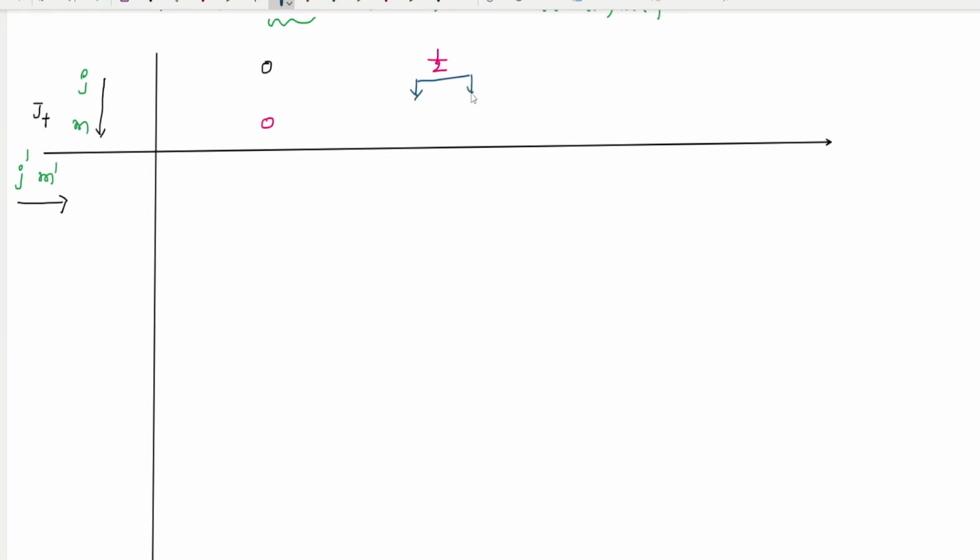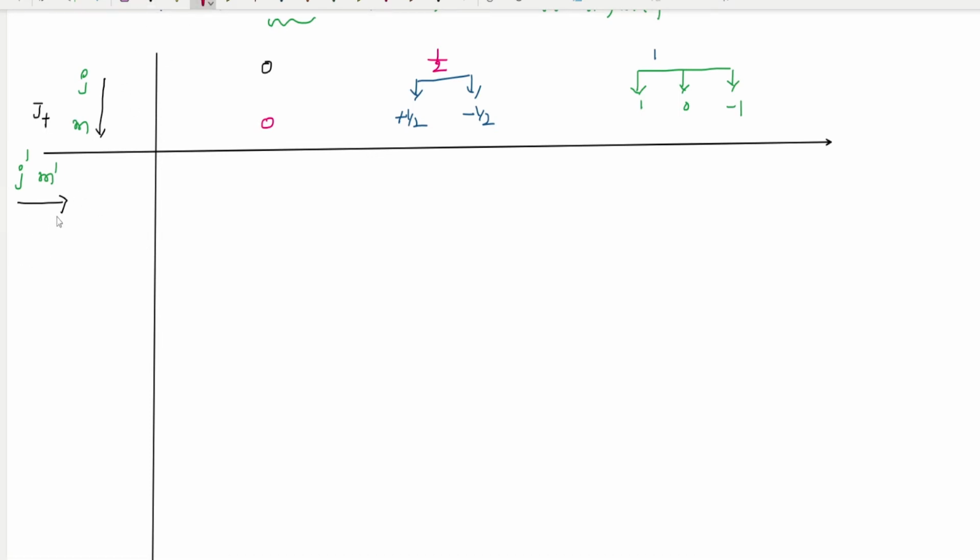One is plus 1 divided by 2, another one is minus 1 divided by 2. The final one is if j is equal to 1, how many m values are there? 1, 0, minus 1.